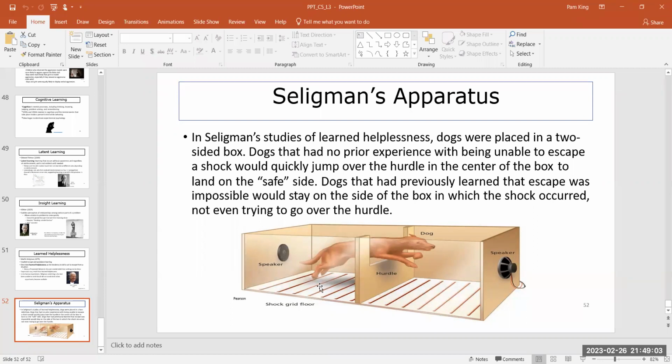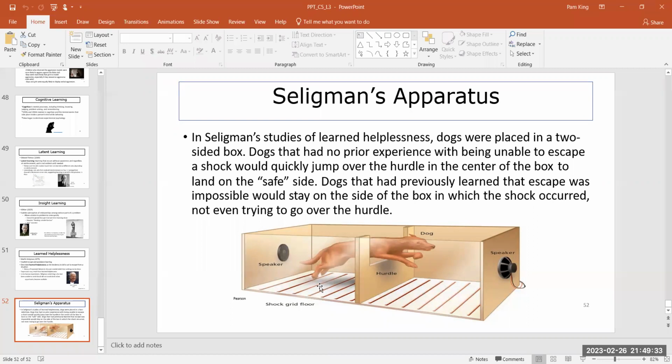The next go round, Seligman took the dogs who had the solid center panel, the ones that could not escape, and the ones that sat down and took it. Took those dogs. He replaced the solid panel with the escape hatch, put the dogs in one by one.